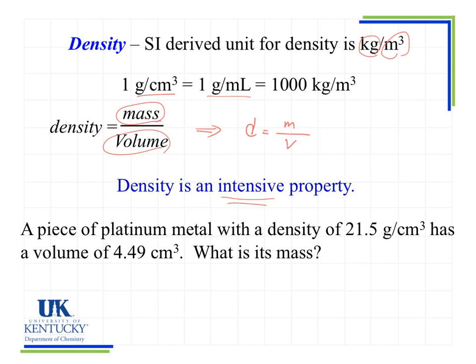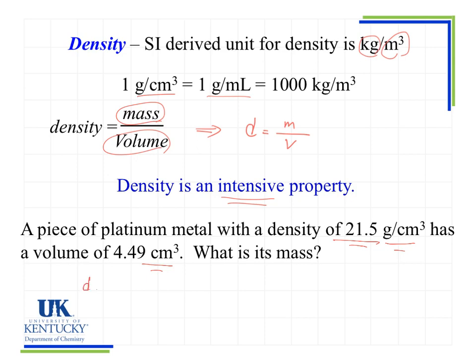Okay, so a piece of platinum metal with a density of 21.5 gram per cubic centimeter, you have to be careful with the units, has a volume of 4.49 cubic centimeter. What is the mass? I usually write a summary of all the given information.